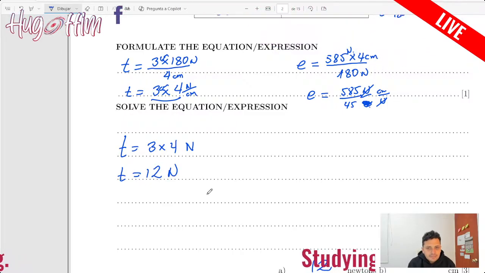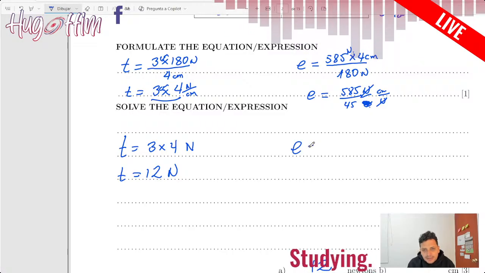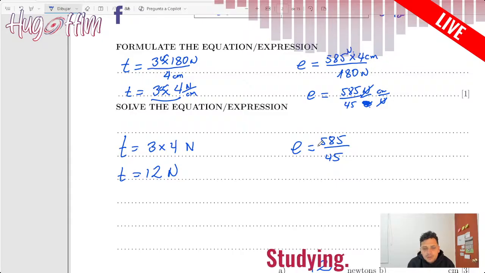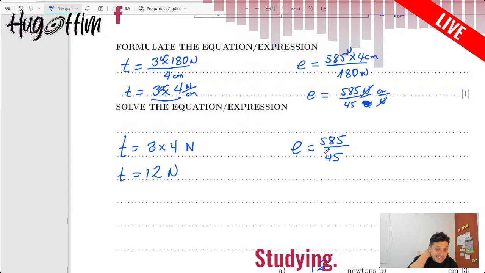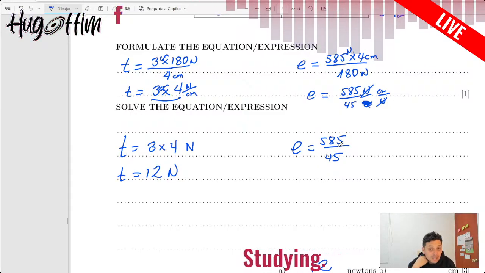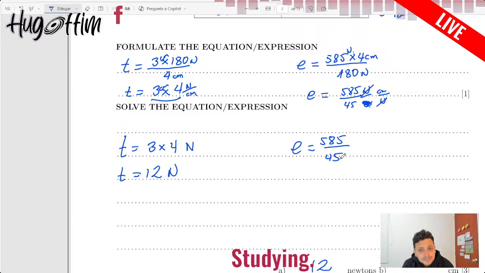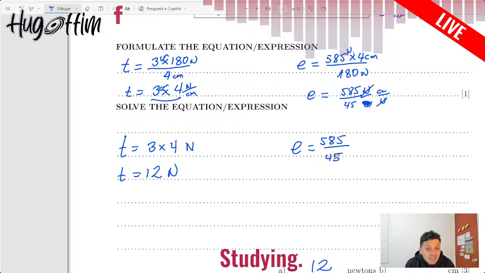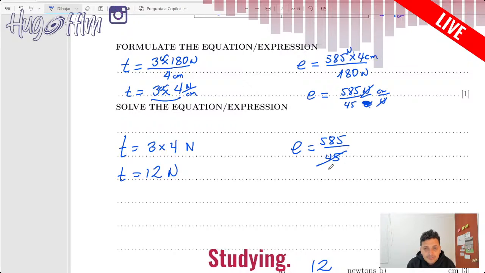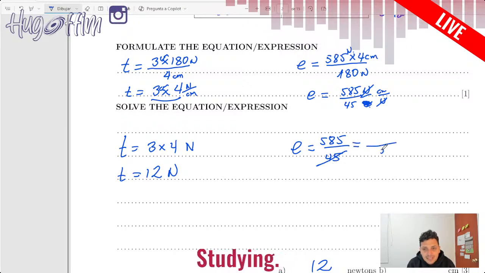And in this one, I'm going to get E equals 585 over 45. But I'm not going to perform this division. I'm lazy. I'm going to start dividing by common factors. For example, a common factor here is 5. If I divide 45 by 5, it's going to give me 9.